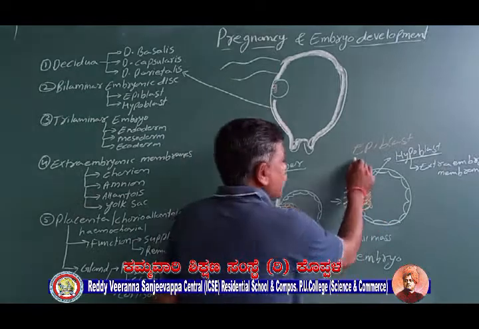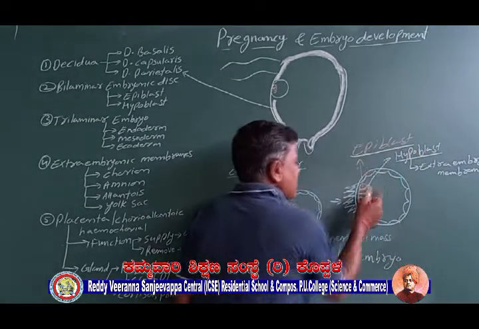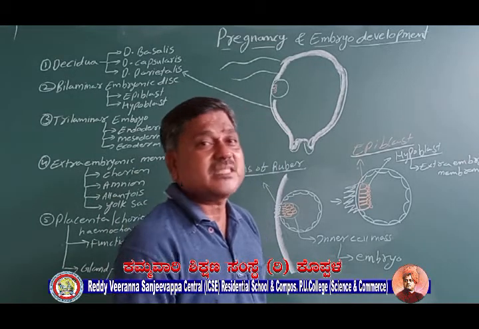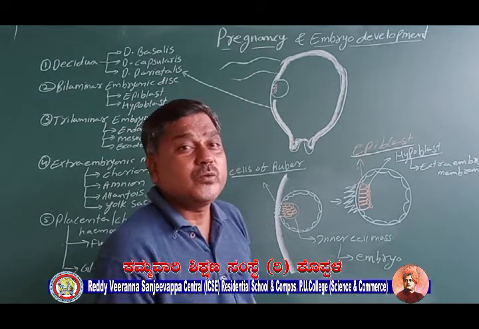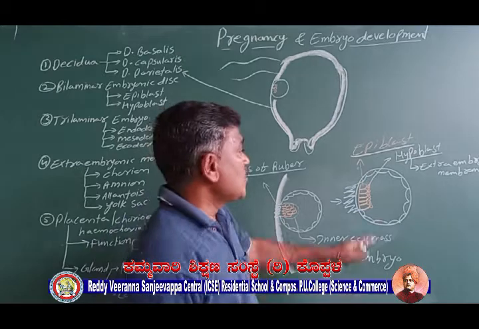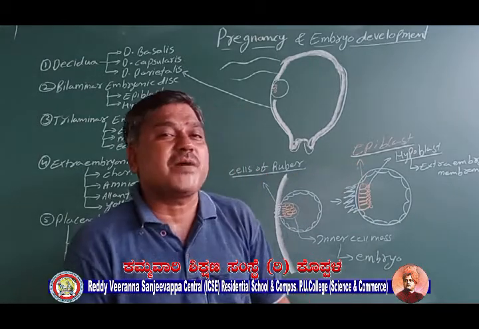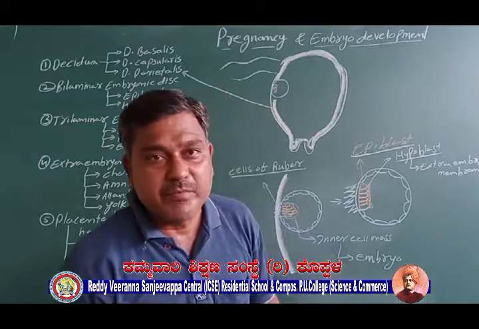But epiblast cells are the main cells which develop into the embryo. So epiblast cells are the cells which have the capacity to develop into the embryo.